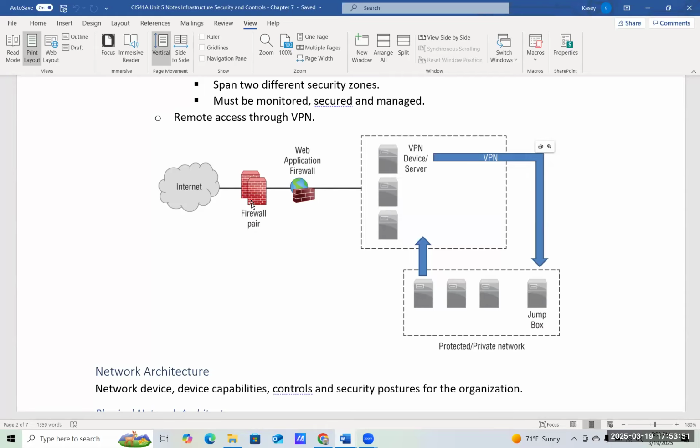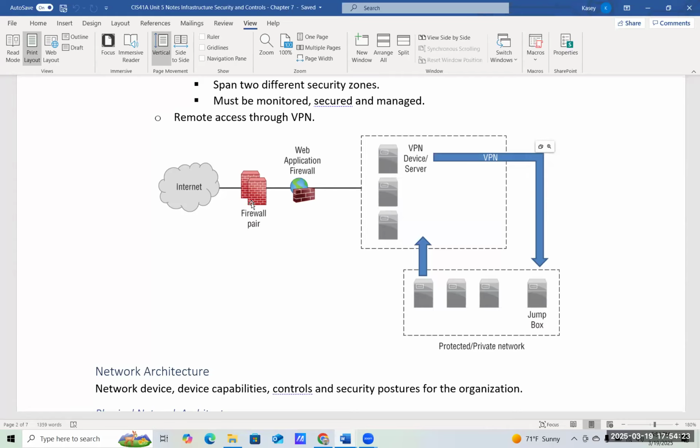So when you're coming in from the internet, you're going to hit an external border firewall, then the router, and after that you're going to be connected to an internal firewall, right? Then you have a web application firewall. Why is that there? It's there to control public access or things that are requested for application and web servers. Okay.